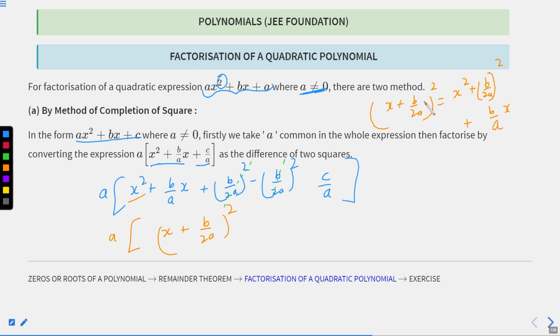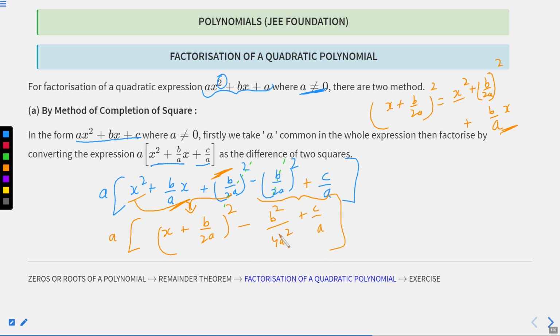You know x square is already given, and b by 2a x is already introduced, so this means I can write these whole terms in a simplified version like this: x plus b by 2a whole square. Now let me simplify the leftover expression: b square by 4a square plus c by a.